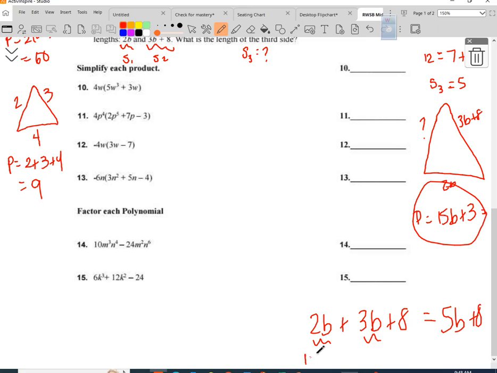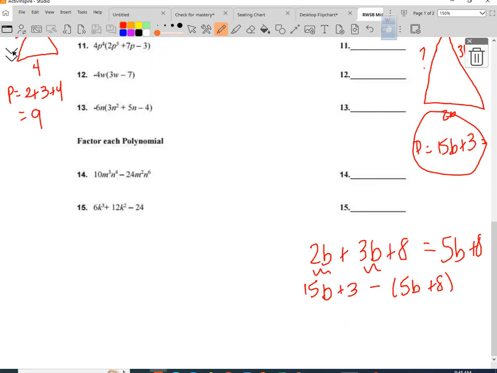So that's going to be 15b plus 3 minus 5b plus 8. And this is one where you have to remember to distribute that minus to everything. So that's going to be 15b plus 3 minus 5b and minus 8. That makes sense?